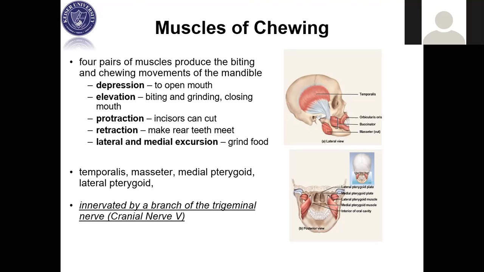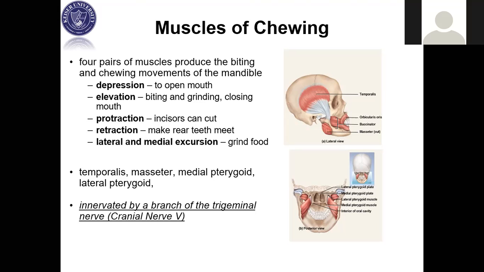So I need you to understand what the movements of the jaw are. Again, depression opens the mouth, elevation closes the mouth. Protraction moves the mandible forward, retraction moves the mandible back, and lateral and medial excursion is the side-to-side movement of the mouth.